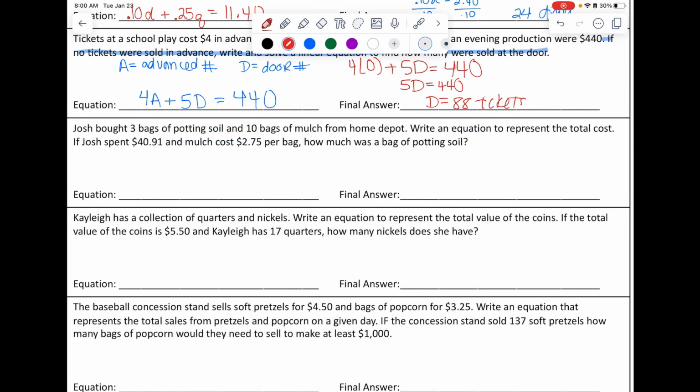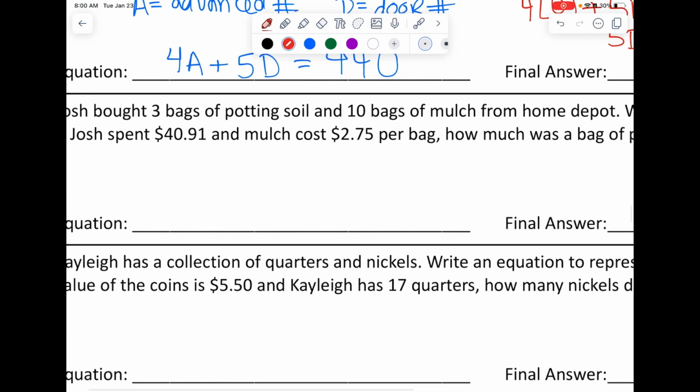Josh bought 3 bags of potting soil and 10 bags of mulch from Home Depot. Write an equation to represent the total cost. If Josh spent $40.91 and mulch costs $2.75 per bag, how much was a bag of potting soil? So you can choose if you're going to use P for potting soil, B for bags of mulch, M for mulch, or you can just use X and Y. It's completely up to you.